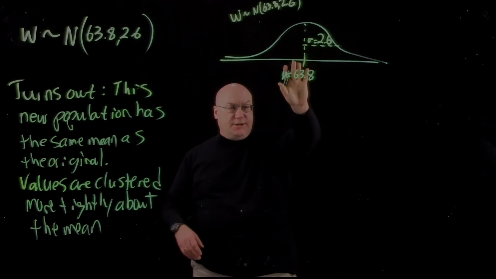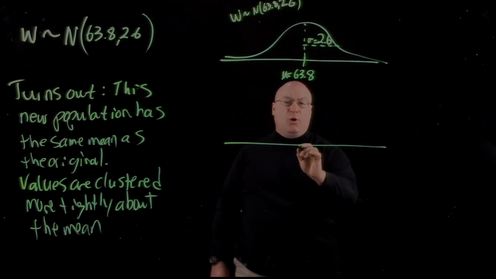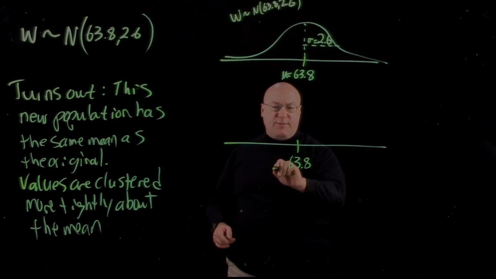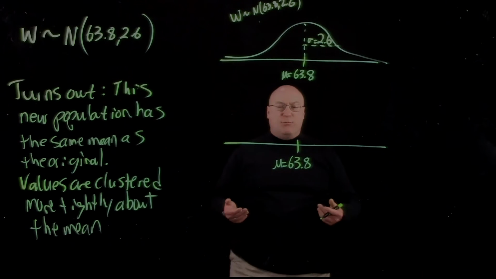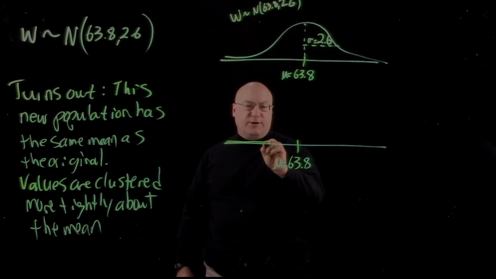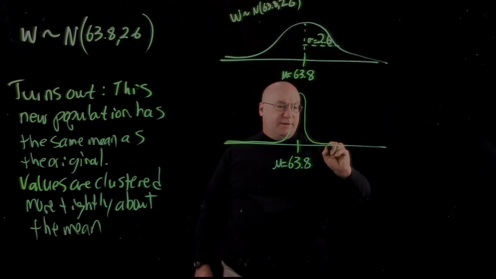This picture is on the other page, but I'm going to put it right below just so I can draw it comparatively. What we are saying over here is that we expect to get the same mean, all right? But we should expect to see the data more clustered. So we should expect to see something maybe like this. This is much narrower here, and then it comes up and maybe goes like that and goes back down.